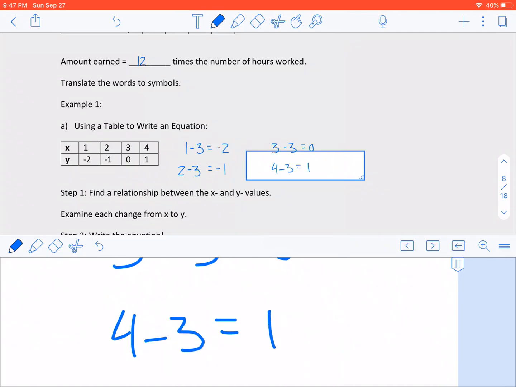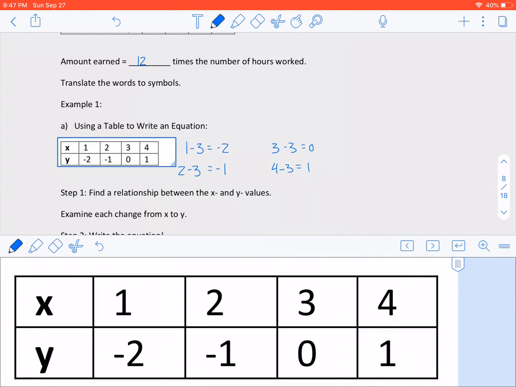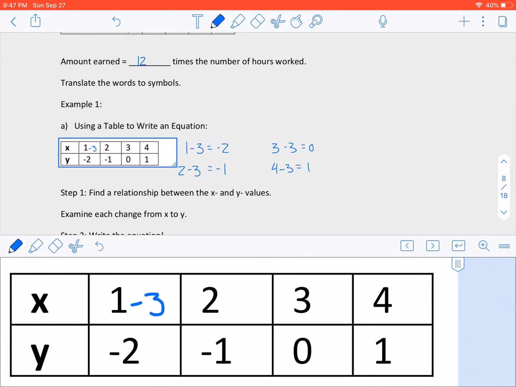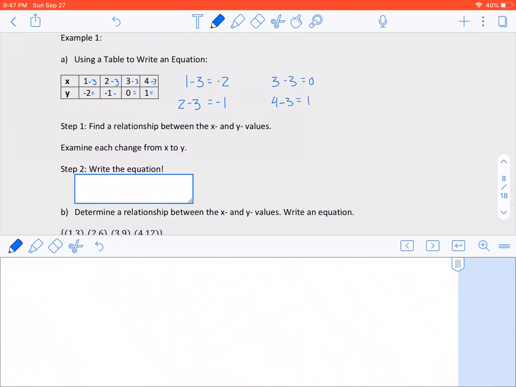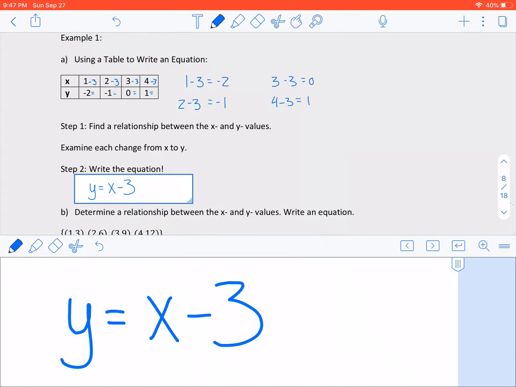So we see that if we take the x value and subtract 3, we get the y value. Minus 3, we get this. Minus 3, we get this. Minus 3, we get y. Therefore, the equation would be y equals, take the x value, subtract 3, and you get the y value.